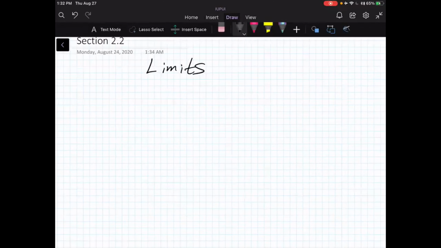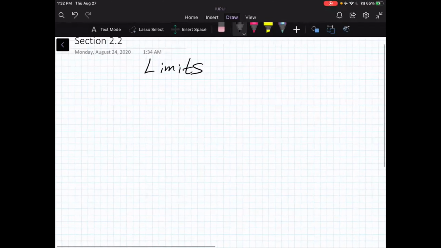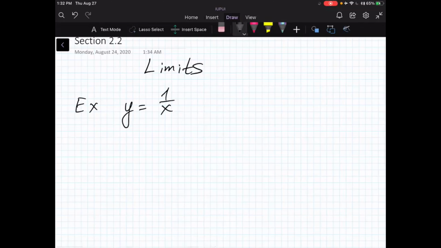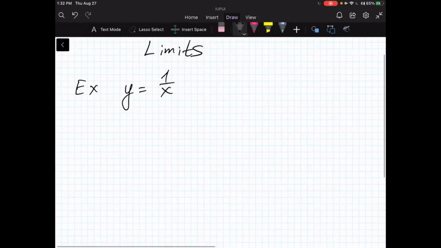So one of the applications of the limit you have probably already seen is to find the asymptote of some function. For example, if we have the function y equals 1 over x, and we are looking for the horizontal asymptote.